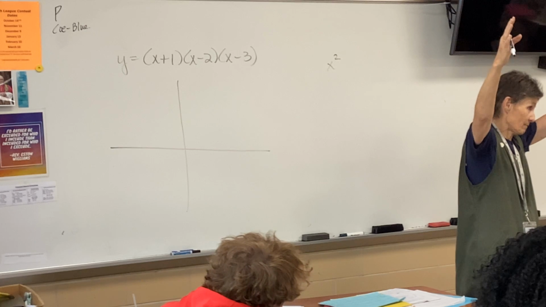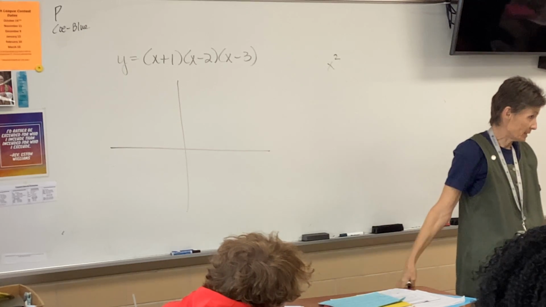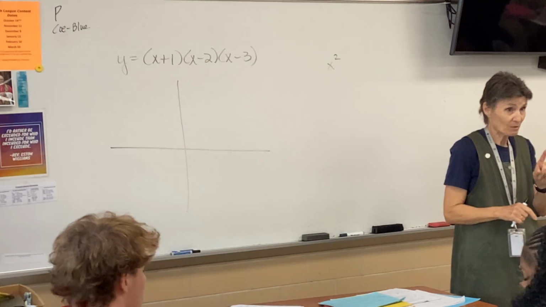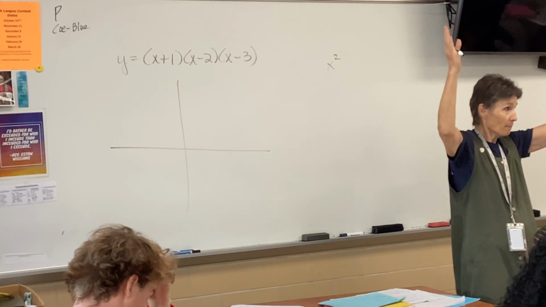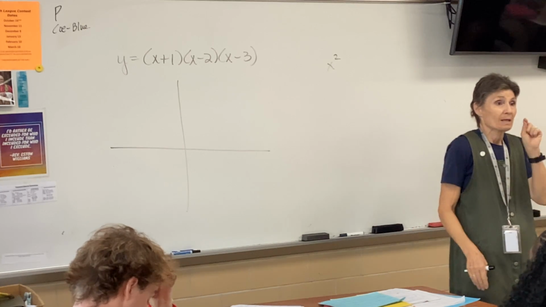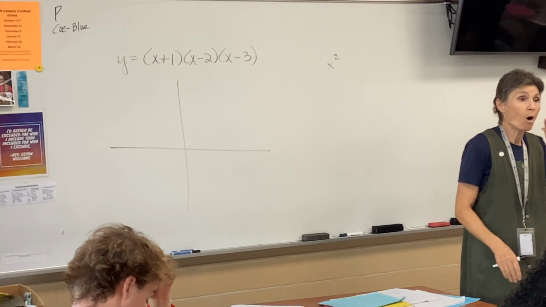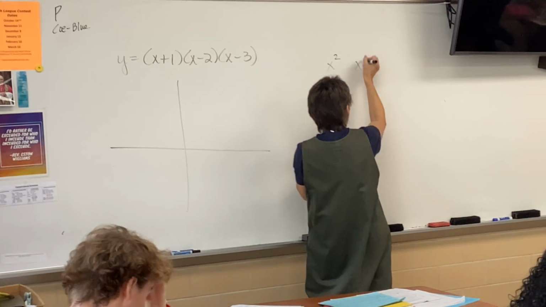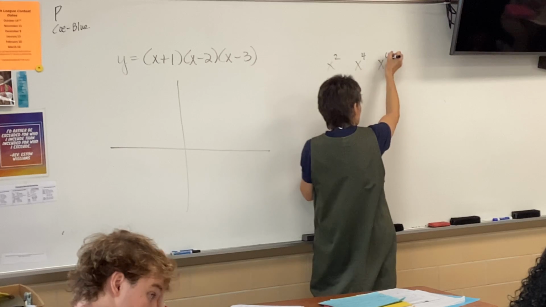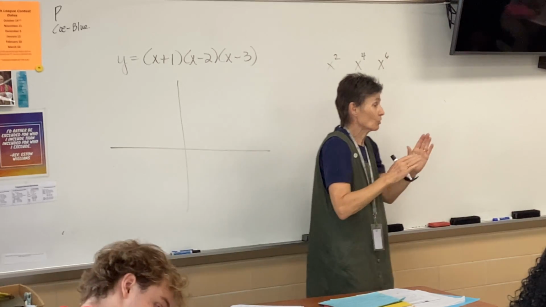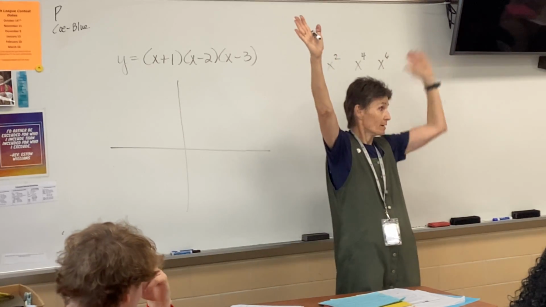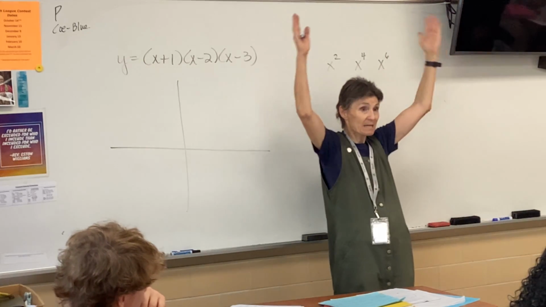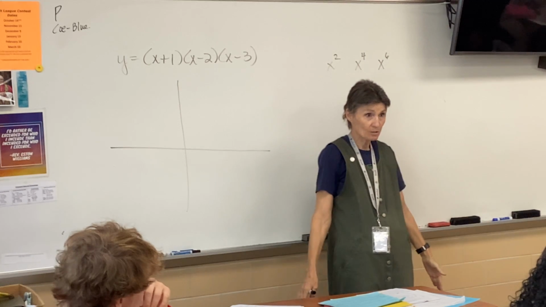Unless I have a negative in front of me, and then it would be like this, right? Upside down. That behavior, either up, or down, is true for all even powers. So if I had 4 x's or 6 x's, my picture is always gonna start up here, end up here, or start down here, end down here, always. That's what even powers do.